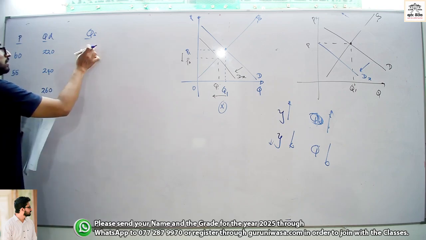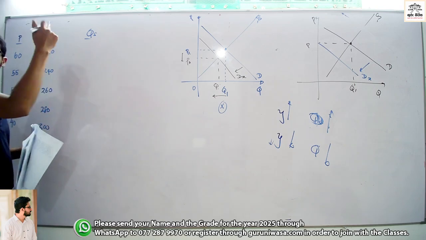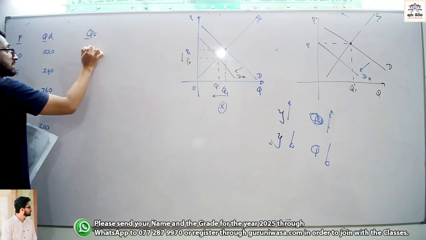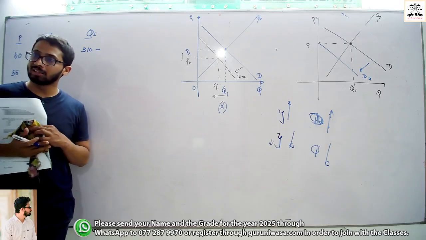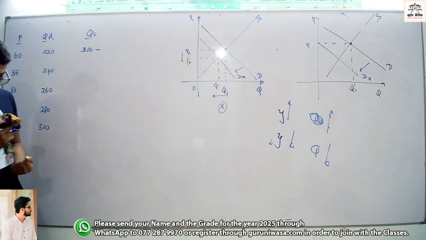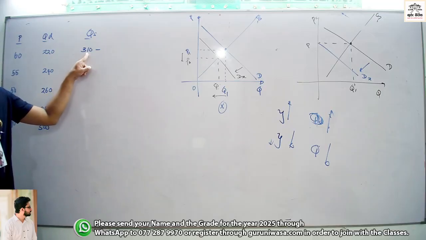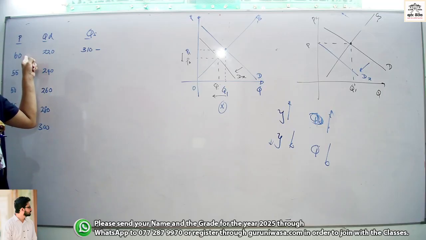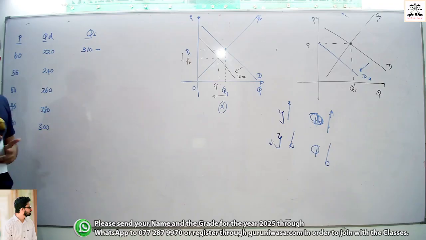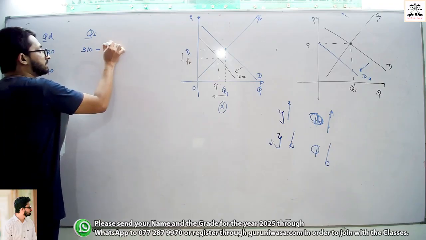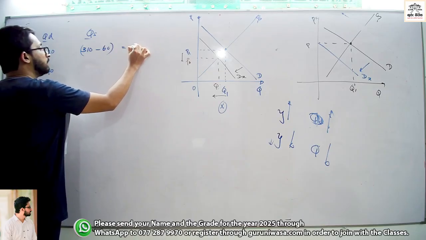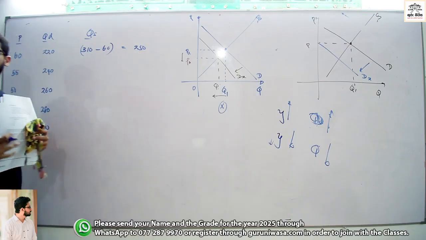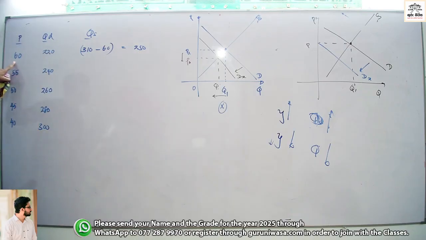Original supply is 310, so before the change suppliers were willing to supply 310 kilos at price 60. But now they are willing to supply 310 minus 60, which is 250 units at price 60. Did you get the point?